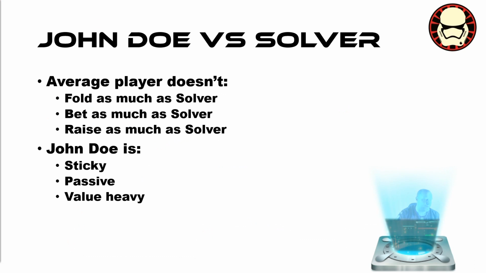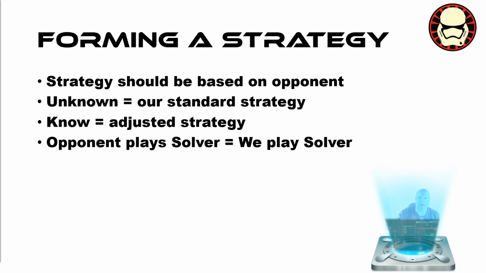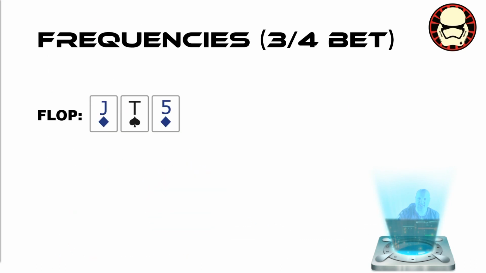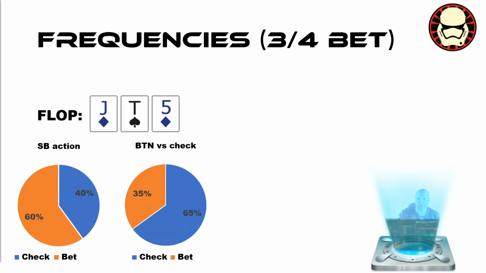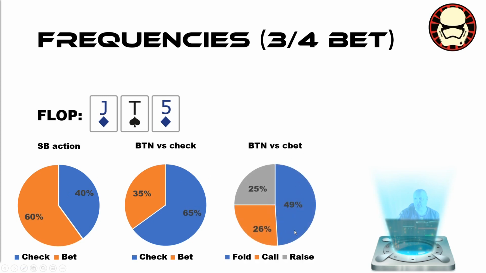And now, if we go back, we rewind, then the button versus c-bet should fold 49%. In reality, it's probably close to 20%. So there's a huge difference in fold equity.